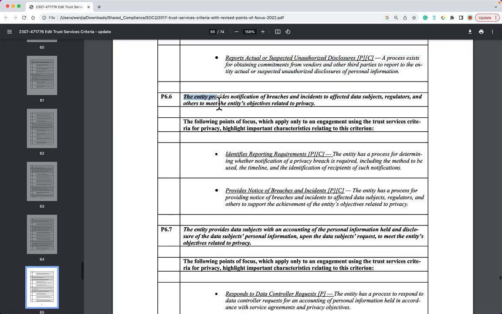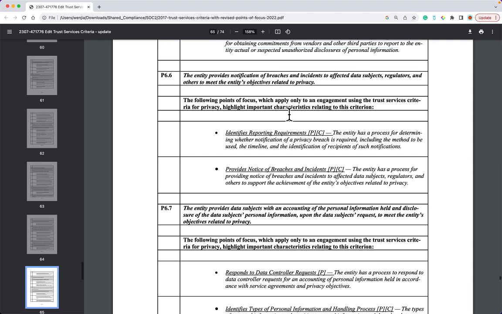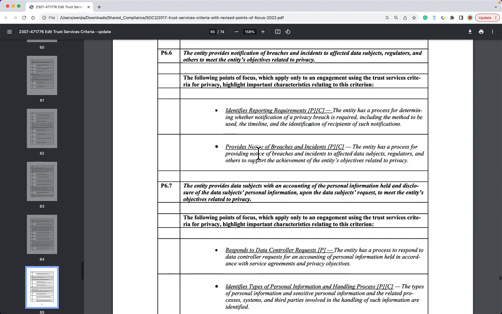Next principle: the entity provides notification of breaches and incidents to affected data subjects, regulators, and others to meet the entity's objective related to privacy. Identify reporting requirements, provide notice of breach.